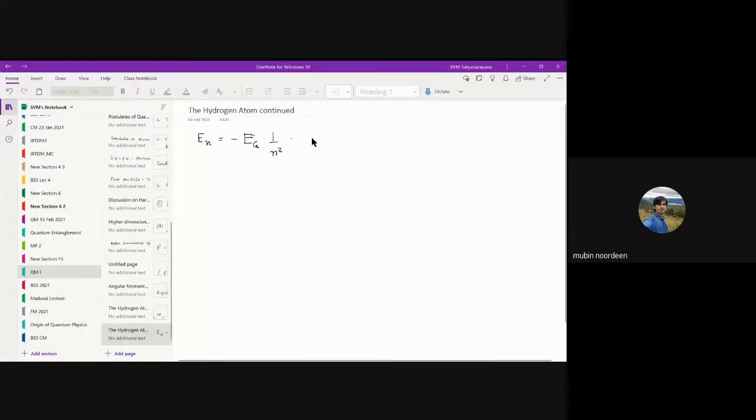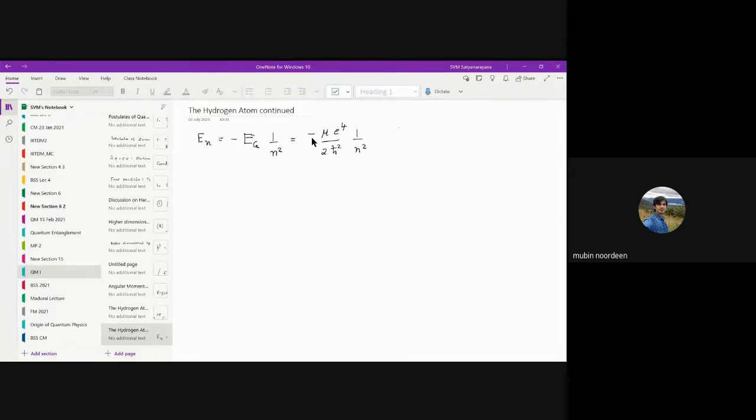Of course, we call it Enl, but we know that it is depending only on n. So it is minus mu e to the power 4 by 2 h bar square into 1 by n square.